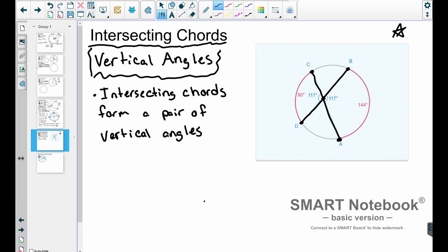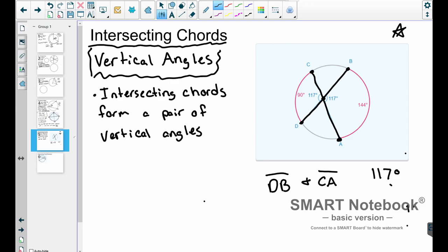So let's look here. We have these two chords. We have chord DB, and we have chord CA. And they create some angles there. We won't necessarily write out the angle names, but we can see that each of these angles equal 117 degrees.